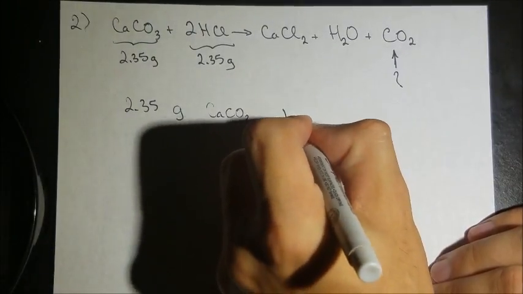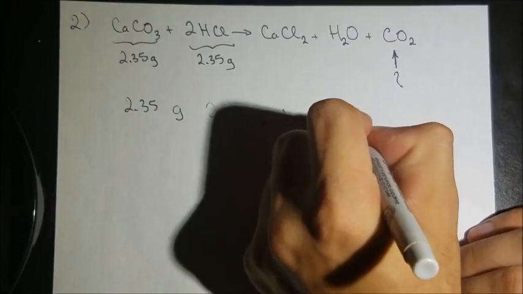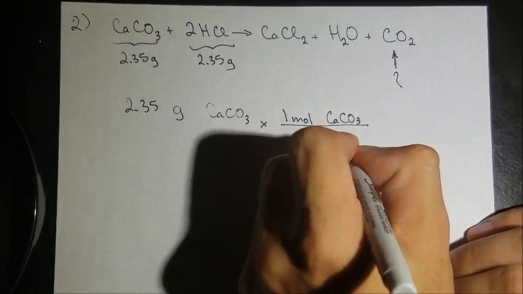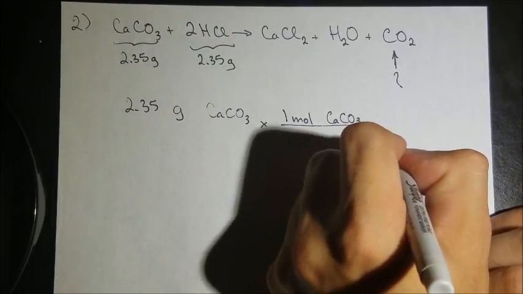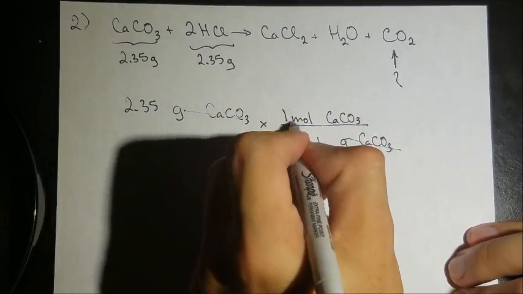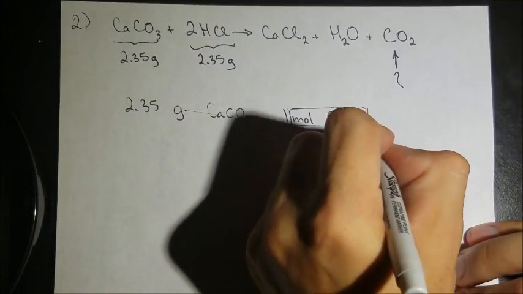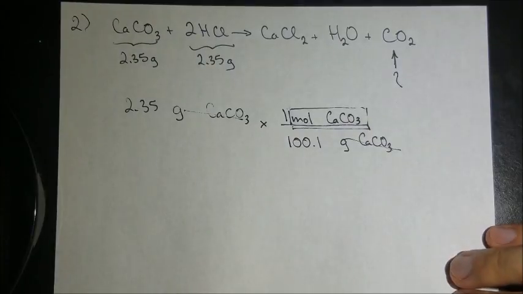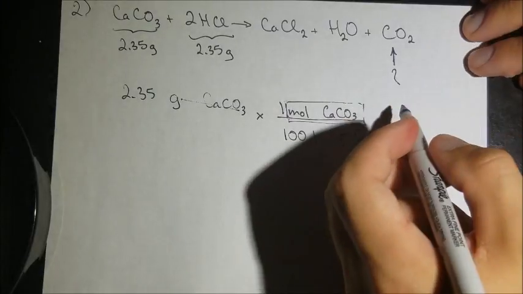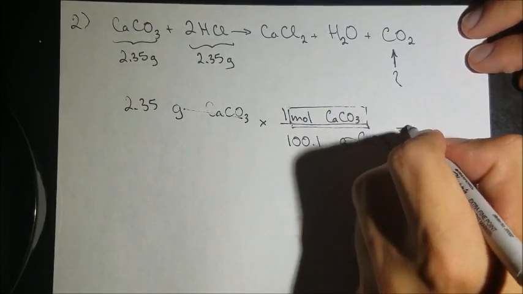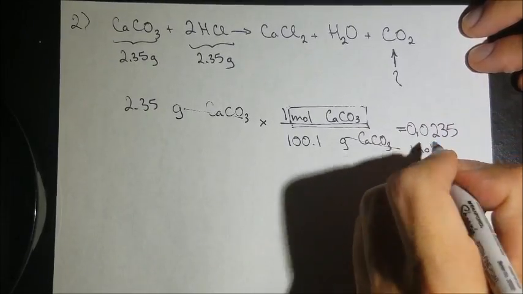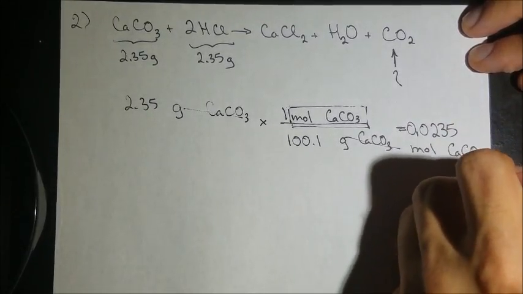What we would find is that 1 mole of calcium carbonate weighs 100.1 grams. So our grams cancel, and we have moles of calcium carbonate. So what that gives us is 0.0235 moles of calcium carbonate.